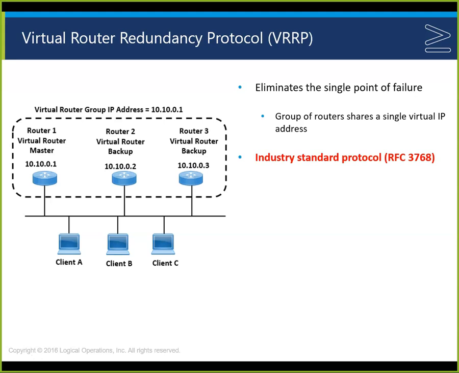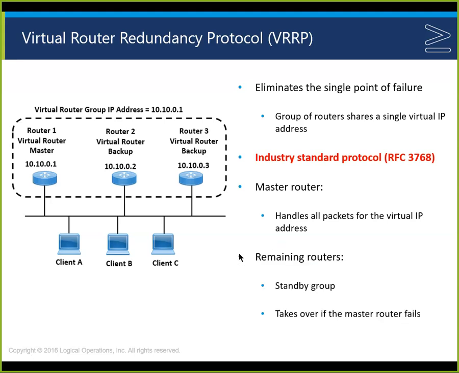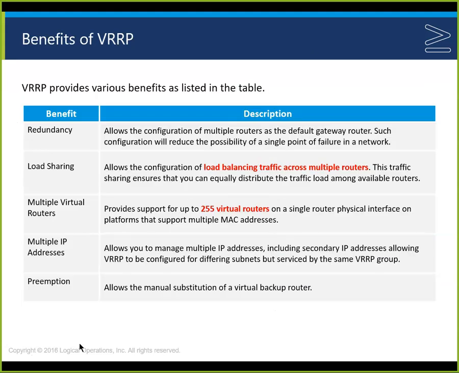It uses the industry standard protocol, RFC 3768. The master router handles all of the traffic sent to the virtual address. The remaining routers are in the standby group and take over if the master router fails. And again, we can have more than a single standby router in the VRRP group. Benefits, and hopefully this kind of makes sense.